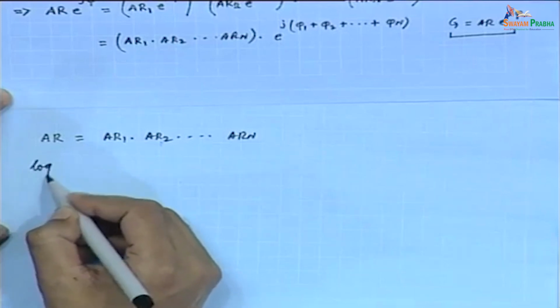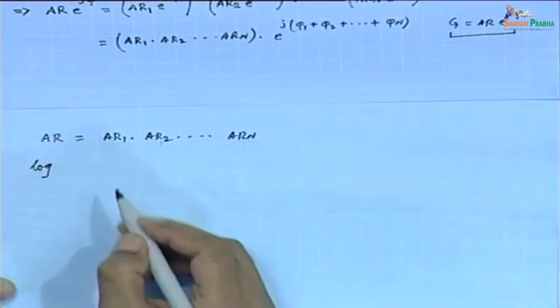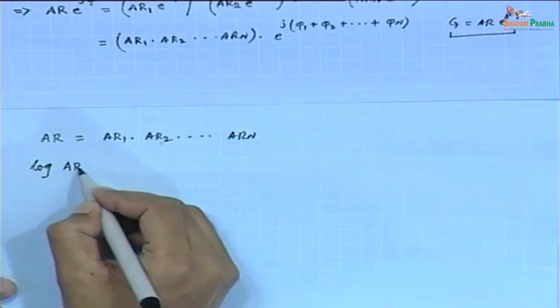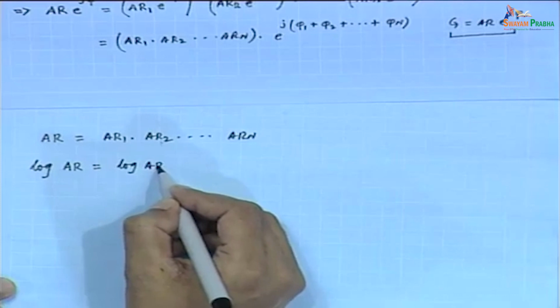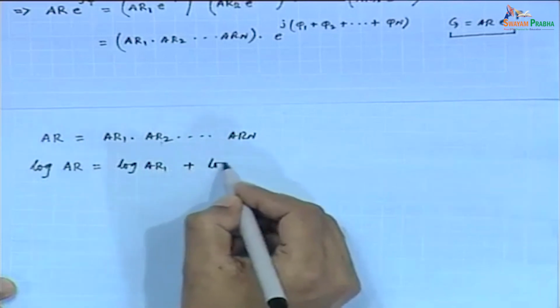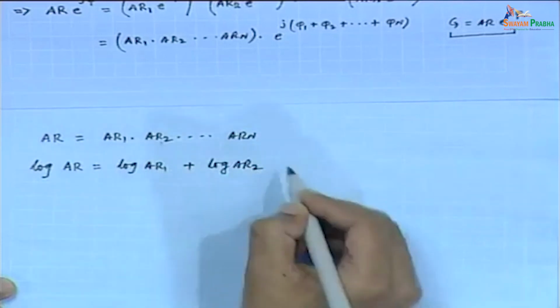Now, if we take logarithm in both sides, then we obtain this form.